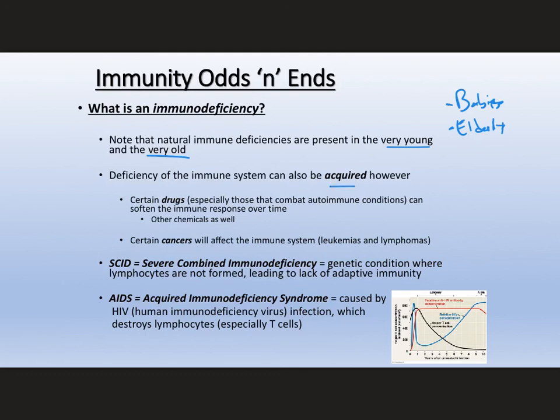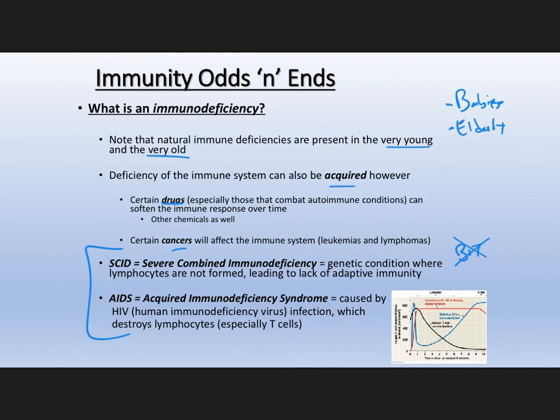You can also acquire immunodeficiency though, right? Sometimes a side effect of a drug might be this. Cancers will affect the immune system, or the medicines we use to treat cancers will cause the immune system not to work as well. And kind of the best known immunodeficiencies are these two. Something called SCID, which is severe combined immunodeficiency, is actually a genetic disorder where you don't really make the B and T cells that you should.